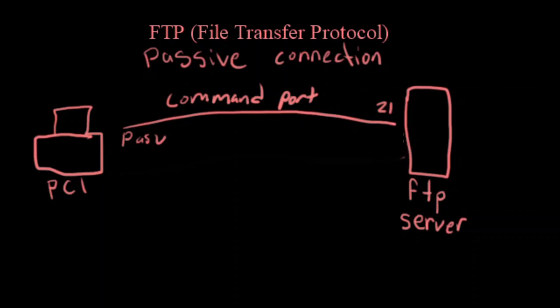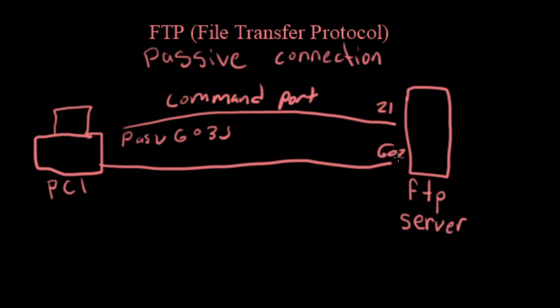The FTP server will send a random port number to the PC. It could be 6035, so PC1 would connect to the FTP server at port 6035, or any random port that the FTP server gives. When this happens, the firewall does not block it because it was initiated by the PC, not the FTP server. So by then, you'll get to transfer data without any blockage.